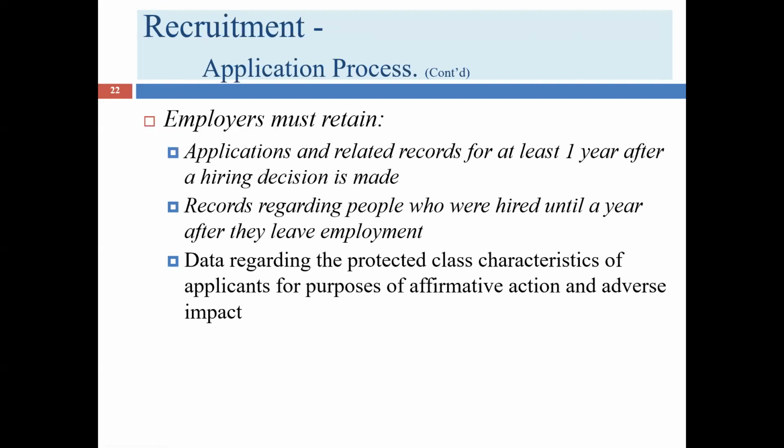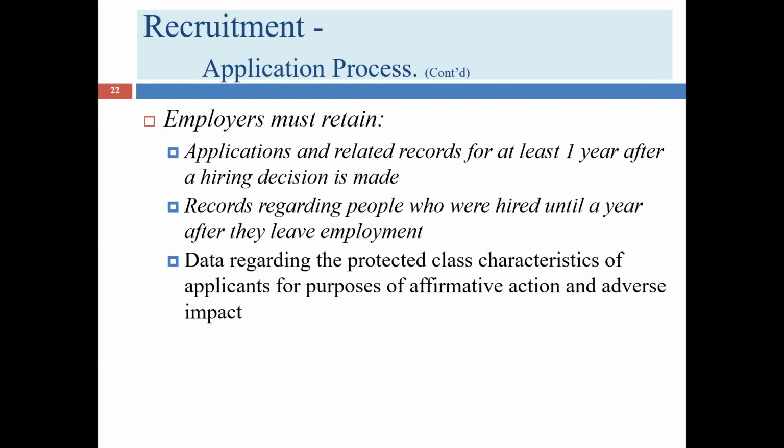Sally applies on January 1st, 2019. The decision to hire Bob is made February 1st, 2019. Sally is not hired at that point. So all the records relating to Sally have to be retained until February 1st of 2020.